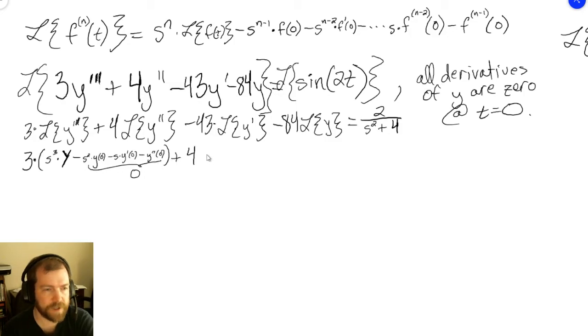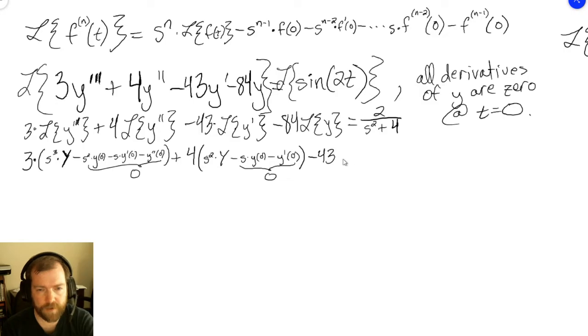Similarly, on the next one, this is going to be 4 times s squared times capital Y minus s times y at 0 minus y prime at 0, which again are 0.